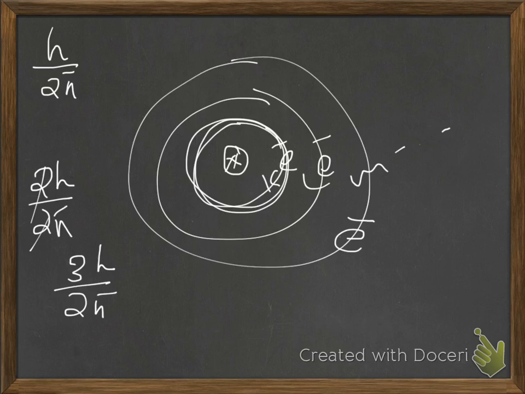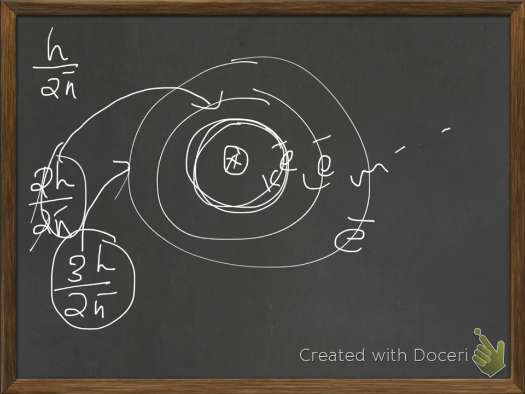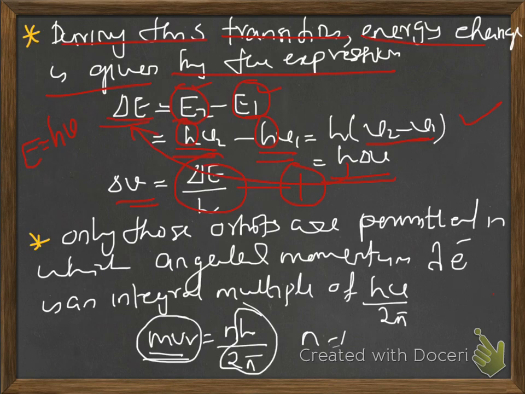If this value is 3h by 2 pi, it is moving through the third orbit. If mvr is h by pi, it moves through the second orbit. If it is h by 2 pi, it moves through the first orbit. This is a licensing. Only those orbits are licensed for the electrons where their angular momentum is an integral multiple of this value.